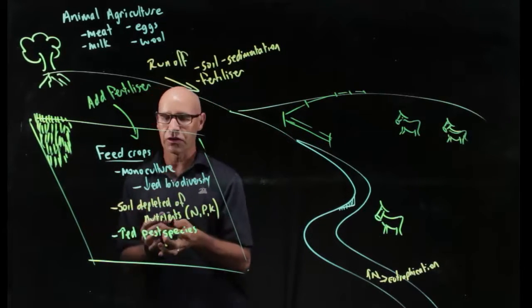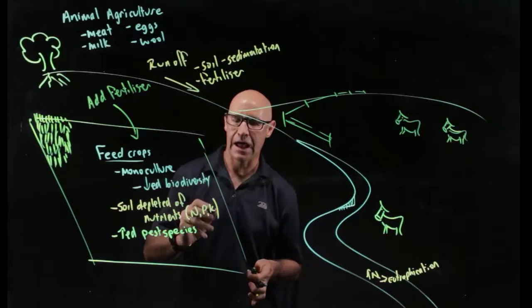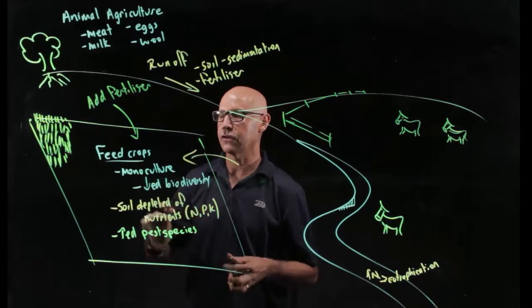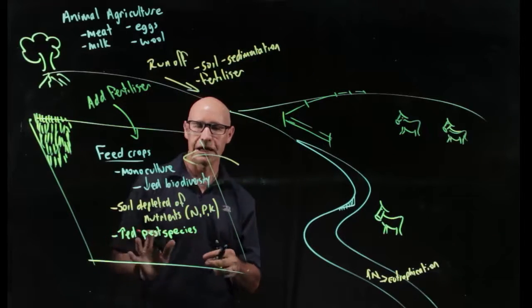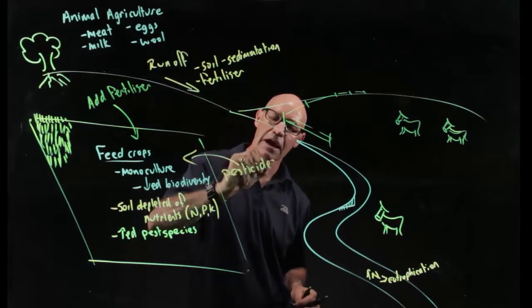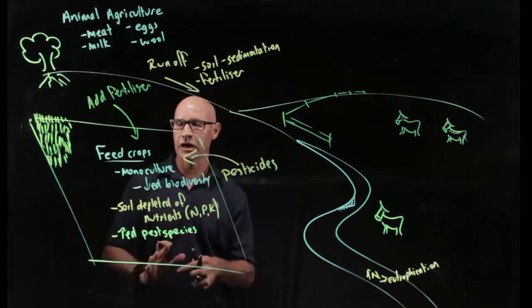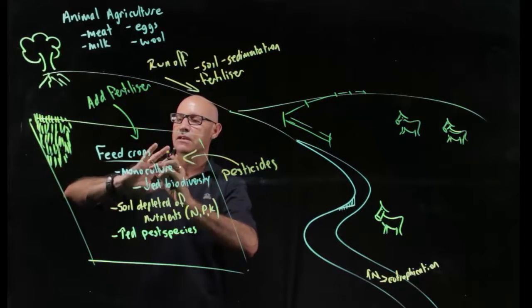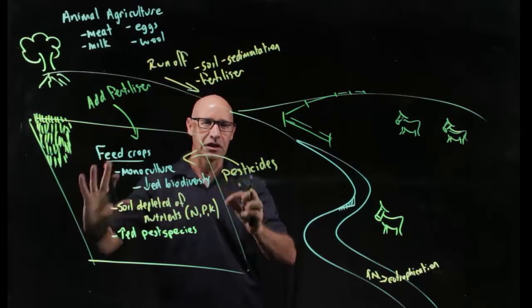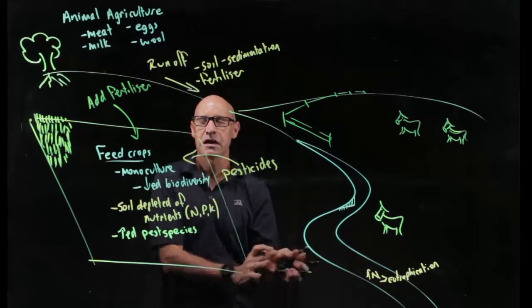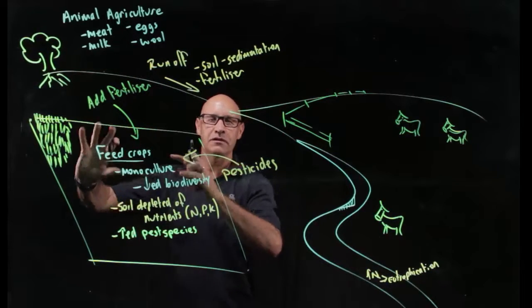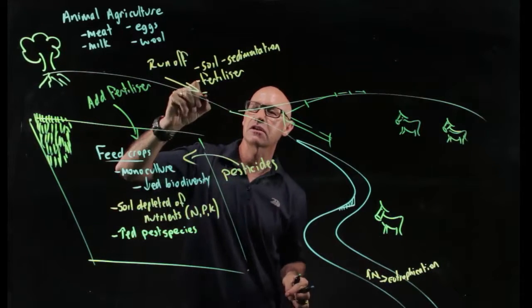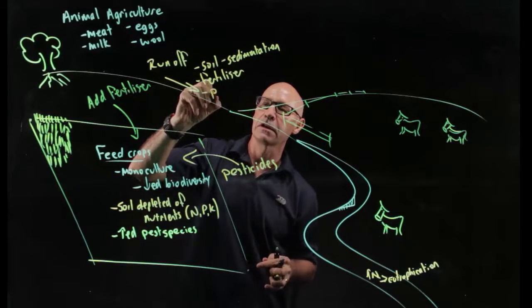So the solution is to add pesticides to the land. And then of course those pesticides get on the crops and get consumed by the animals. But as well as that, the pesticides also get included in the runoff.